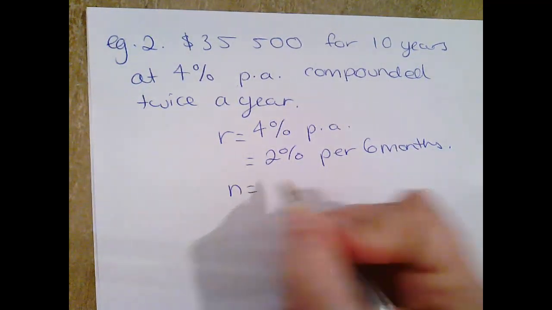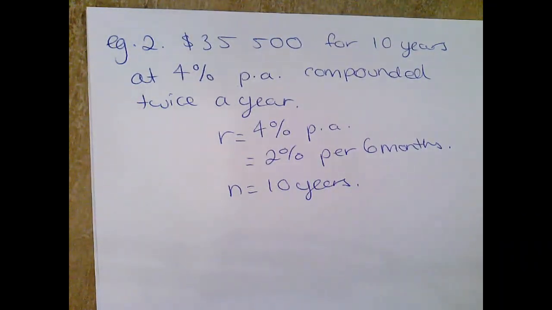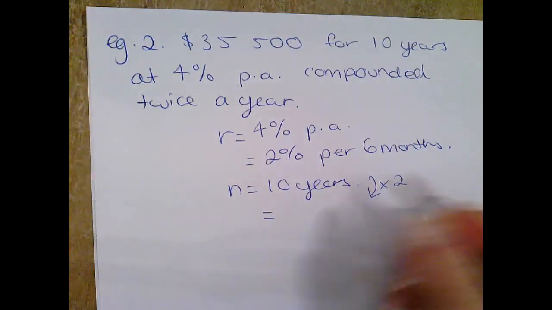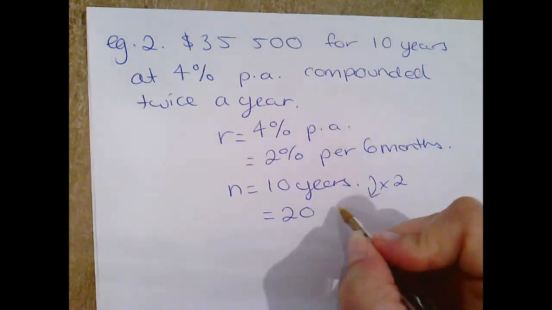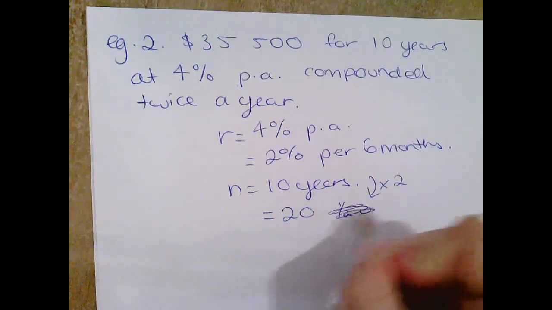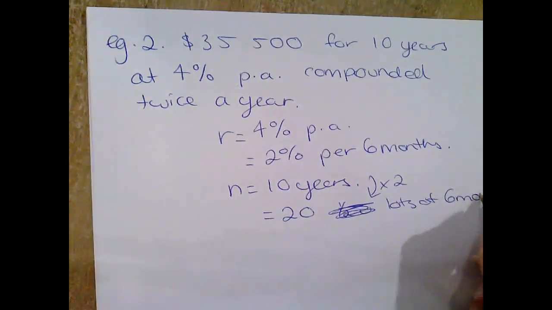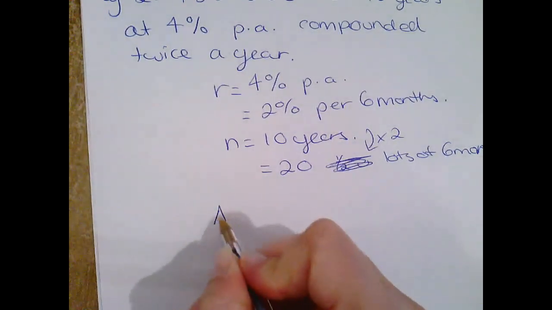The number of time periods was 10 years. Well, if we split 1 year into 2, how many lots of half years will be in 10 years? So basically timesing by 2, and we'll get 20, I guess 20 half years, 20 lots of 6 months. Okay, and then using those numbers in the compound interest formula.